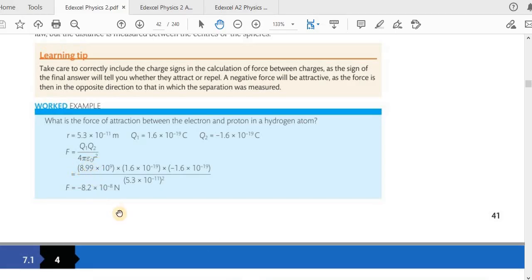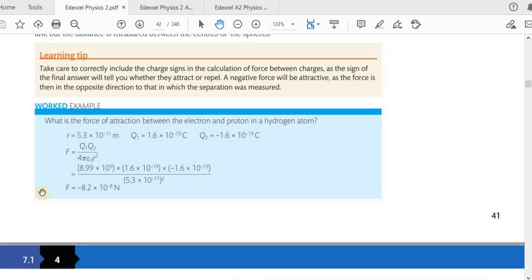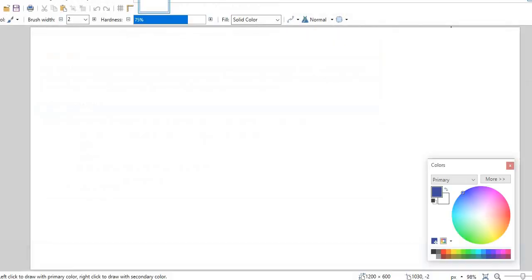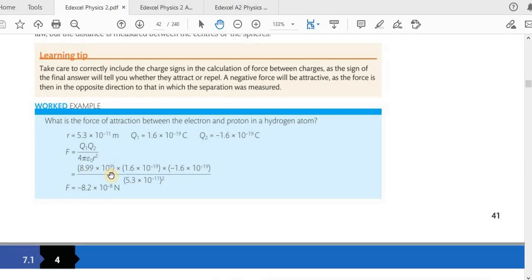What you saw earlier, 9.0, is the approximated value, but here they are showing more significant figures. Then you have this, so that is K. See, it's the same thing here, 10 to the power 9, so it's 8.99 times 10 to the power 9.